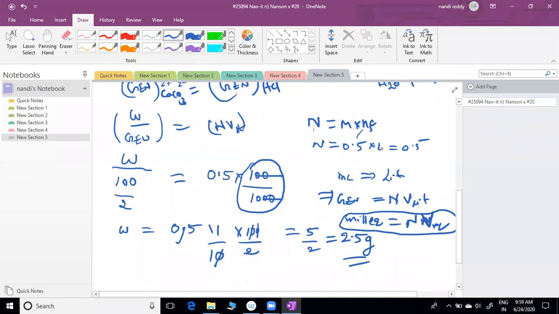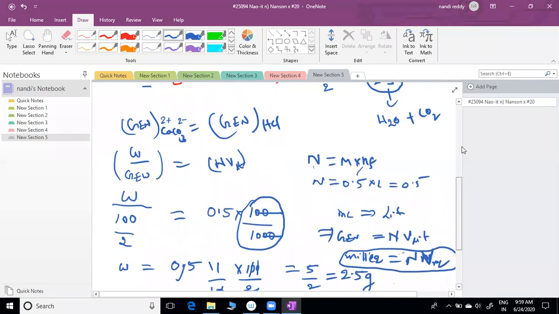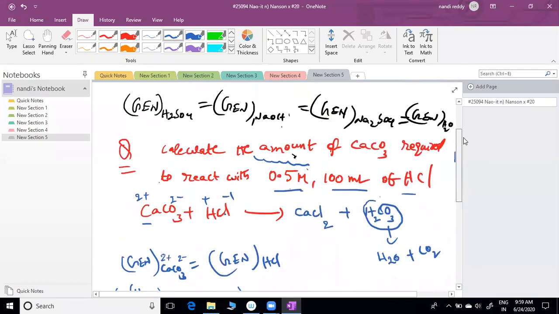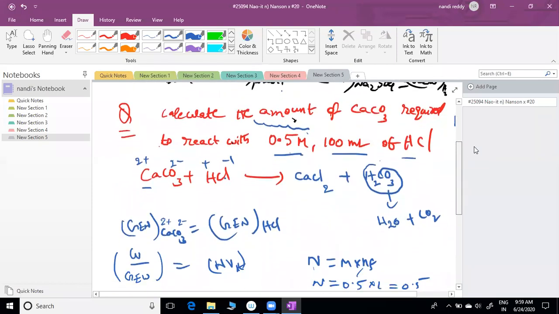Check it again. Instead of discussing too many problems, try to understand this problem one more time. I'm explaining. Some people may have understood very well, but some people still have doubts. Whatever is given, you don't even need to write the equation, just equivalents of calcium carbonate equal to equivalents of HCl.